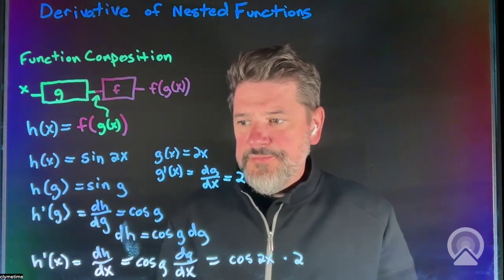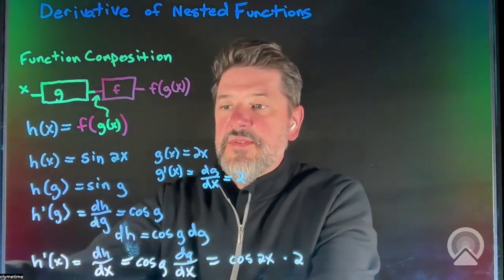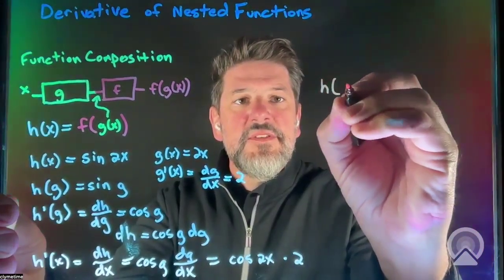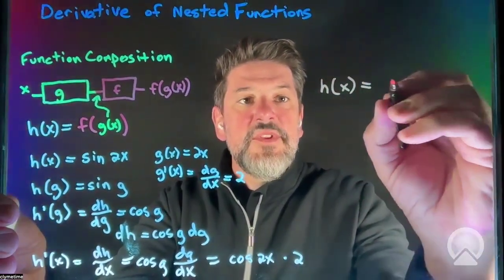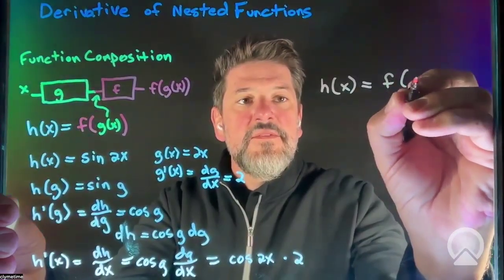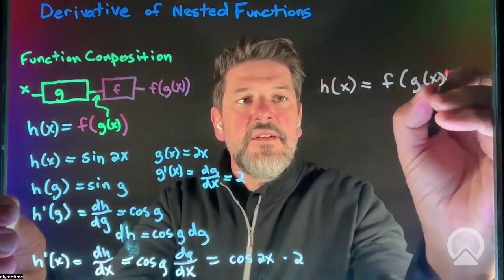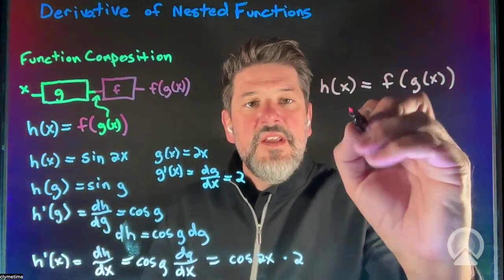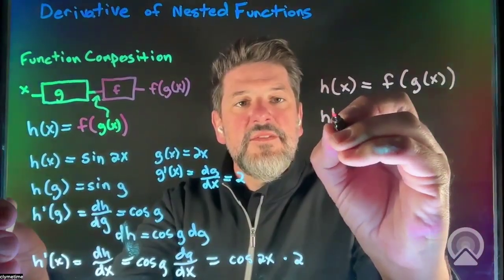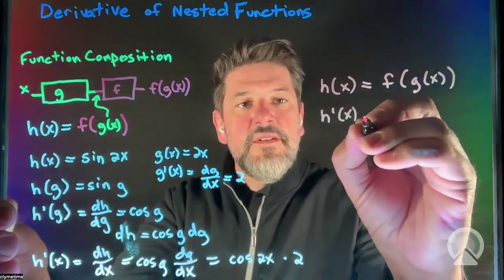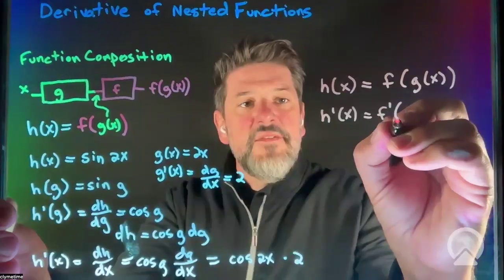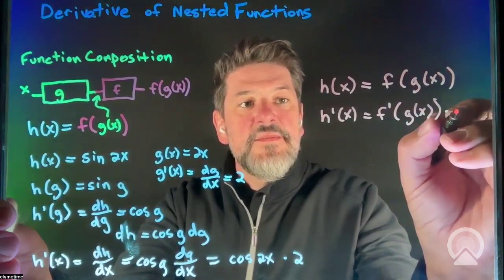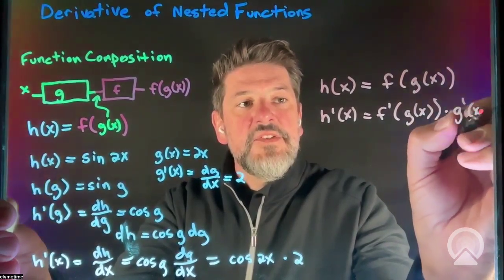So let's generalize that. I'll use a new color for this one. Let's say we have a situation where we have a function within a function. So we have f of g of x. The input of one function is itself a function. If you get that situation, the derivative will always be the derivative of the outer function, as I call it, times the derivative of the inner function.